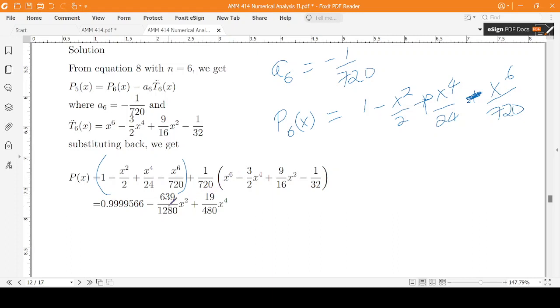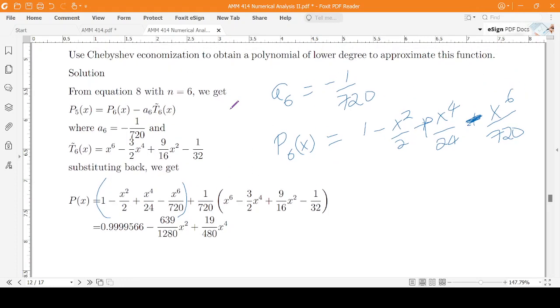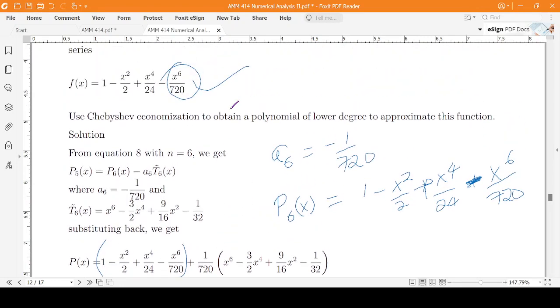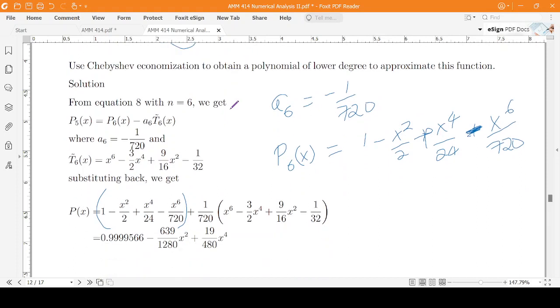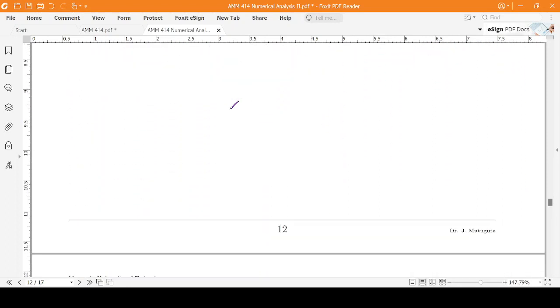And so we get a polynomial of degree 4. And this one we can now use to approximate the polynomial P6 that we have been given here with minimal loss of accuracy.